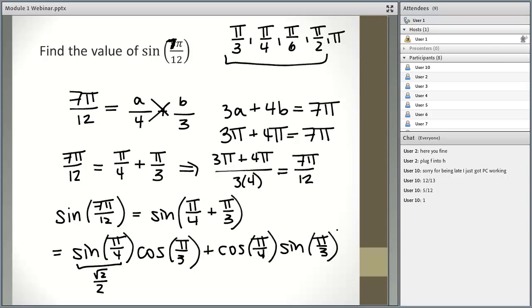And then the cosine of pi over 3 is 1/2. I'm just multiplying those two together. And then the cosine of pi over 4 is also square root of 2 over 2, and the sine of pi over 3 is the square root of 3 over 2.